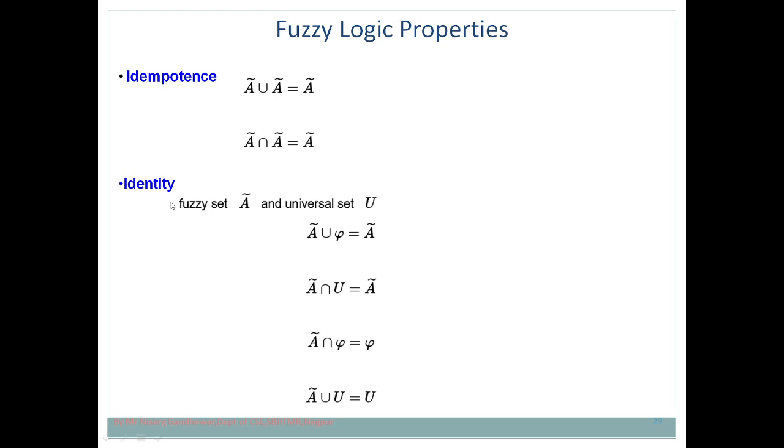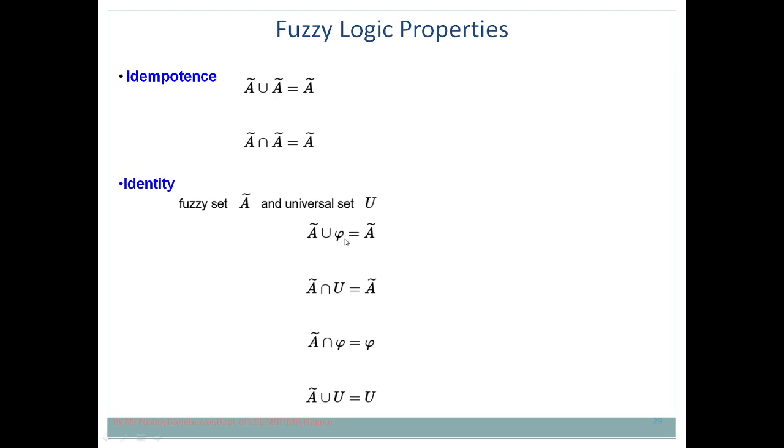Then the next one is the identity property. In the identity property we consider some notation. This is fuzzy set A and U stands for the universal set. Okay, so here fuzzy set A union phi, you will get fuzzy set A itself. Similarly, fuzzy set A intersection with phi, here you get phi.